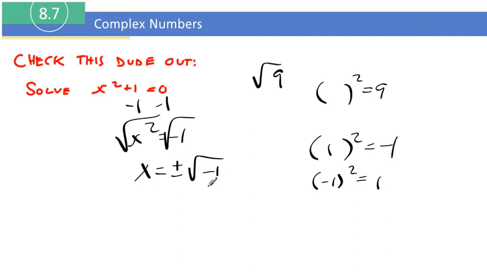That bothered many mathematicians a long time ago. So now we have a little story here. Mathematicians got really scared. They didn't know what to do with the square root of negative 1. But then there was an idea. They said, we know that the square root of negative 1 is not possible, but we have to at least be able to rewrite it into something useful.